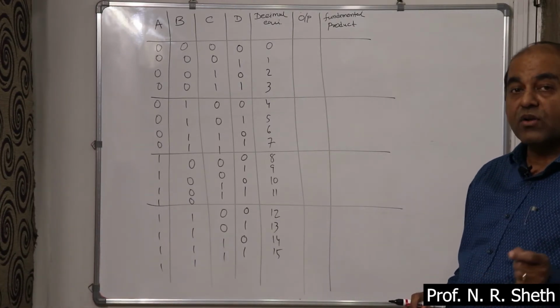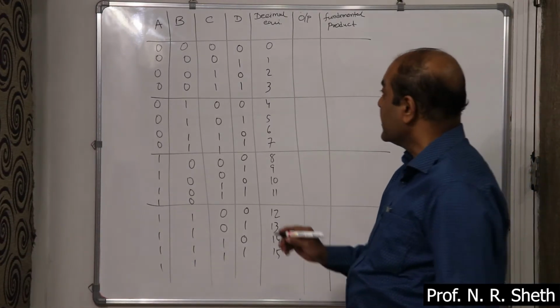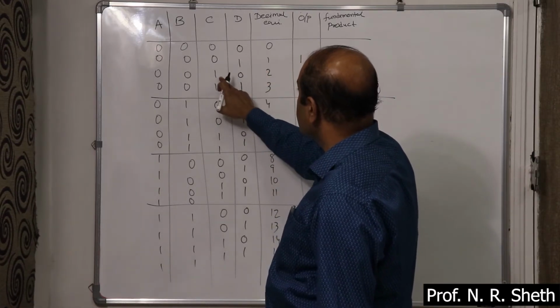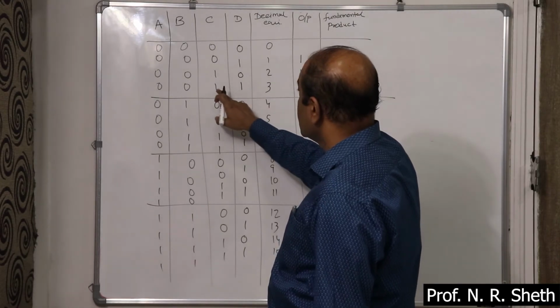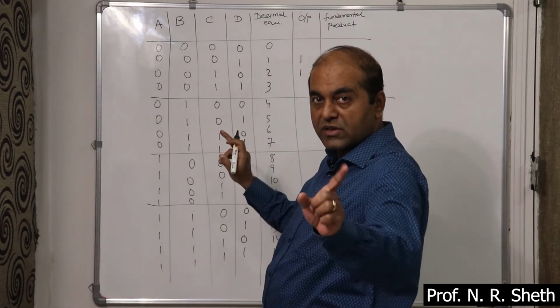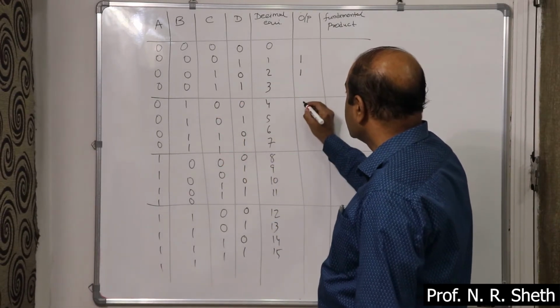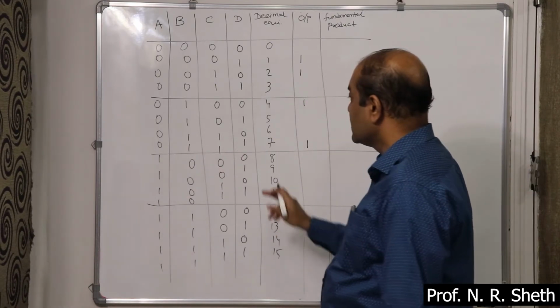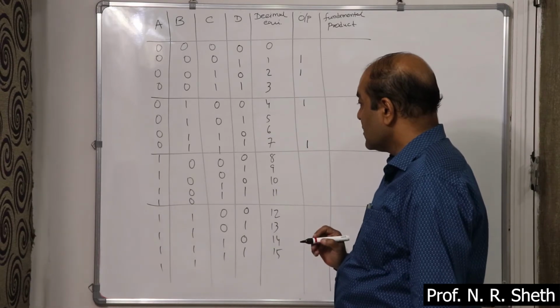Now output is high when an odd number of inputs are high. So in this case it is high. One input is present. Here also one input is present. Here two inputs are present. So it is 0. Again this is 1, and this entry is 1. Last, number 7.